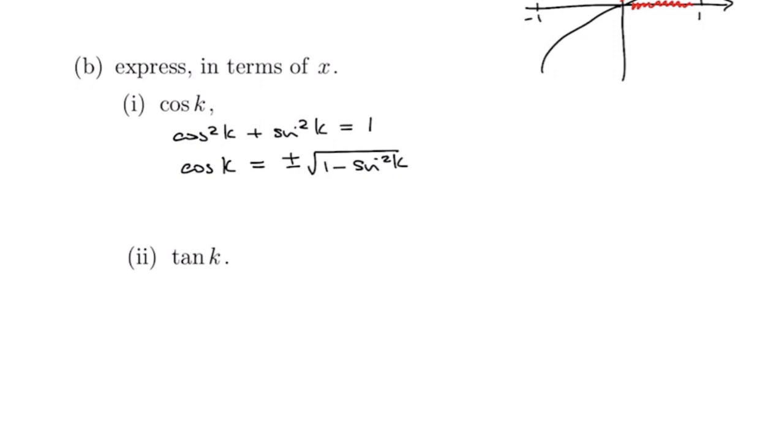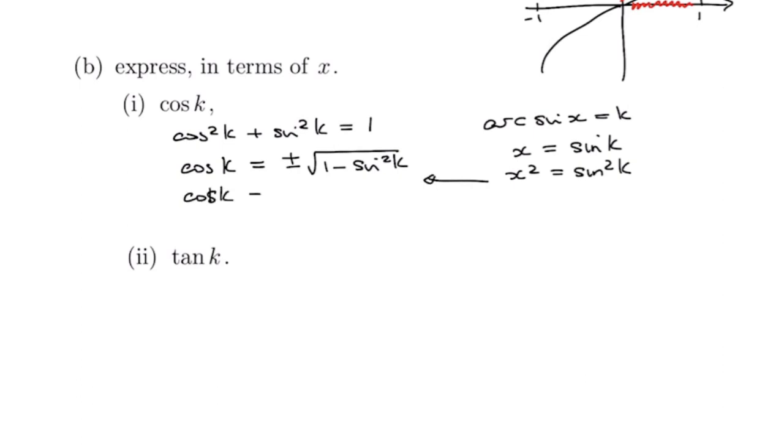We were told at the beginning that arc sine of x equaled k. If I sine both sides, I get x equals sine of k. Therefore, x squared equals sine squared of k. Therefore, I can substitute that back in there, and I get cos of k equals plus or minus the square root of 1 minus x squared.